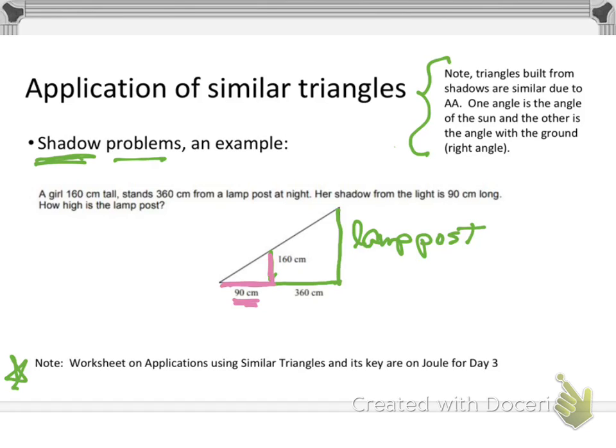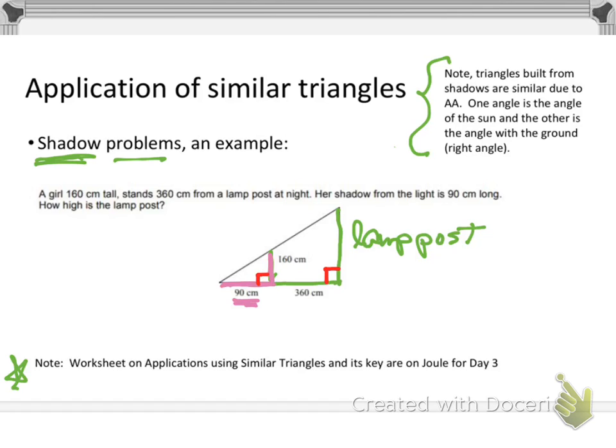Okay, so let's think about this. Can I see that I have similar triangles? So how do I know that? Okay, I know it for the following reason. So let's label this so that we can see our similarity first so we understand the concept. Okay, you may assume that this lamppost is straight up and down at a 90 degree to the ground. You may assume the same thing about this little girl standing up.